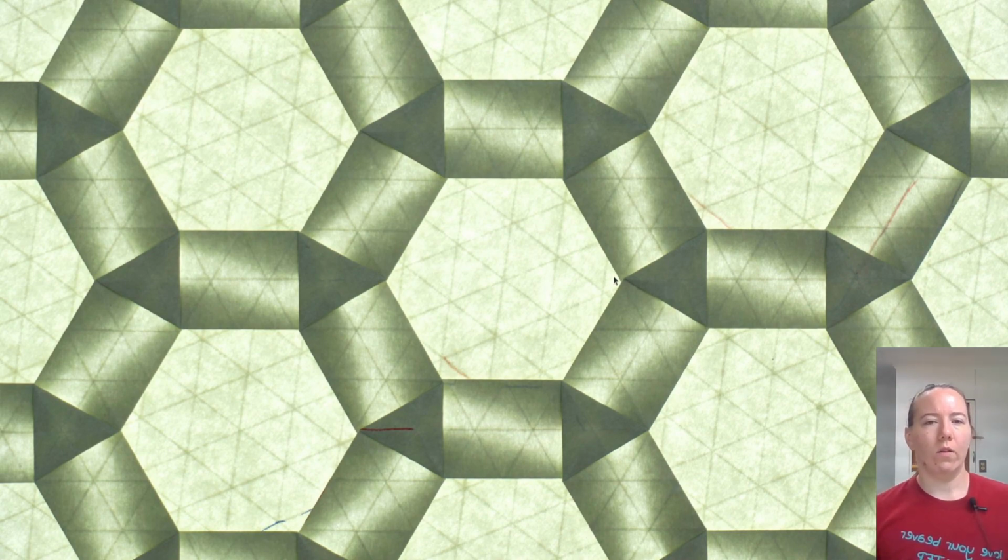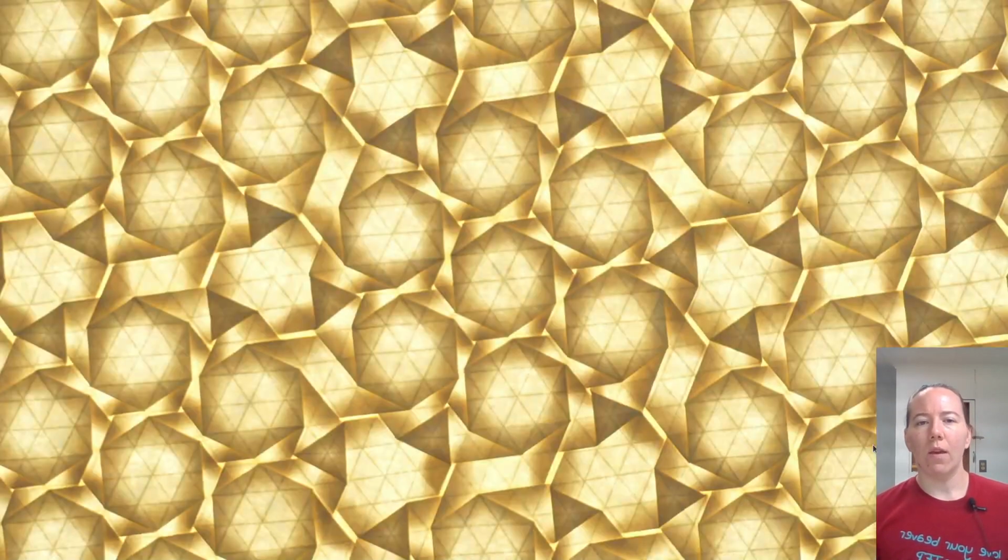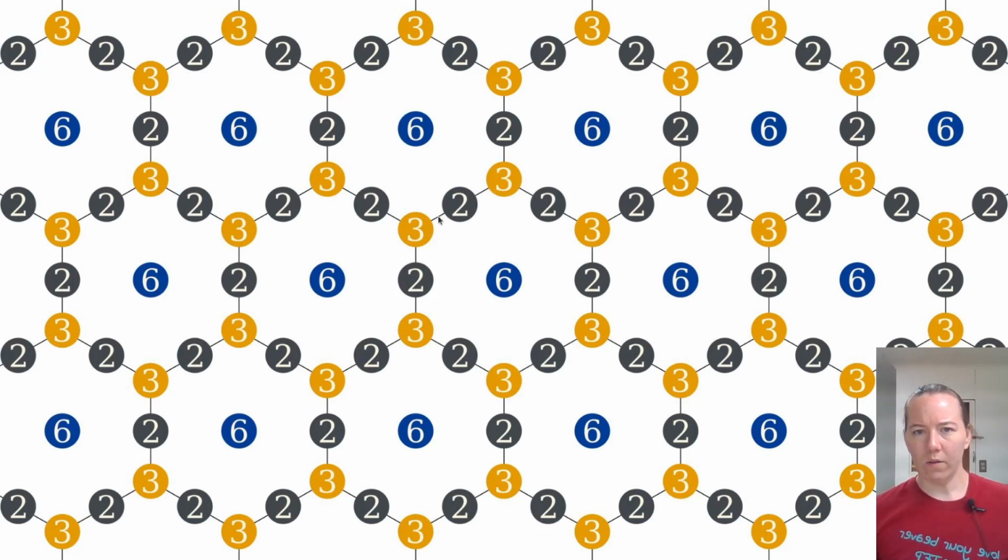So what I'm going to do is say, well, there are 6 3-fold positions around the hexagon, that's our unit tile, and each of those is shared with 3 different tiles. Okay, so 6 things shared with 3 each, 6 divided by 3, 2. 2 of these 3-fold positions belong to the 6-fold position in the center of the tile.